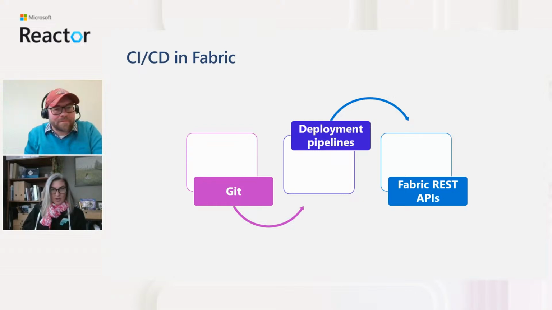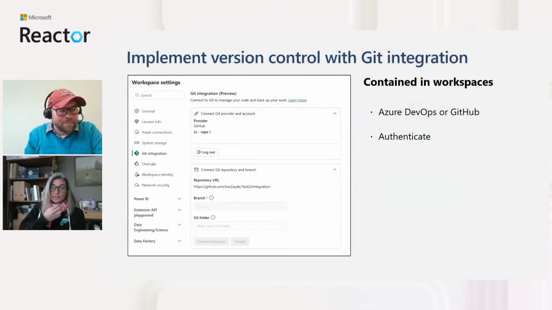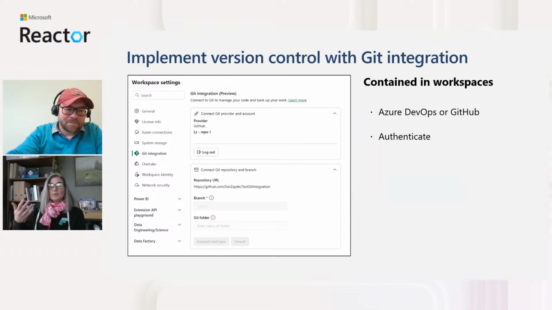So let's talk a little bit more about each one. First we've got implementing version control with Git integration. Where we really do most of our work in Fabric is in workspaces, so you will set this up in a workspace. You will choose if you're going to use Azure DevOps or GitHub. Both are supported now, and it's very easy to set up. You just click on the Git integration, connect with your provider, and authenticate.